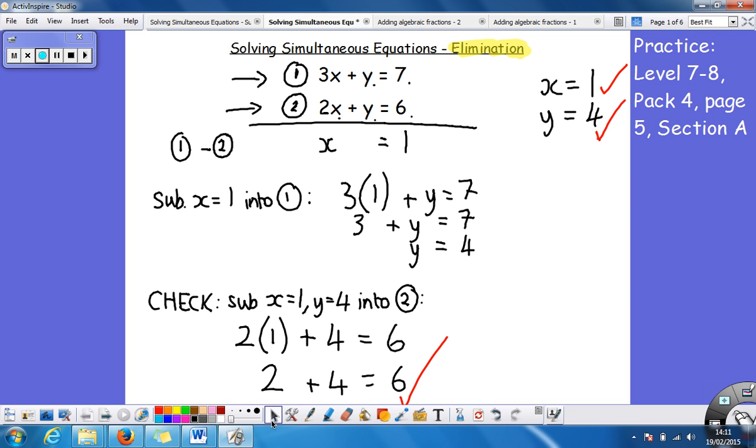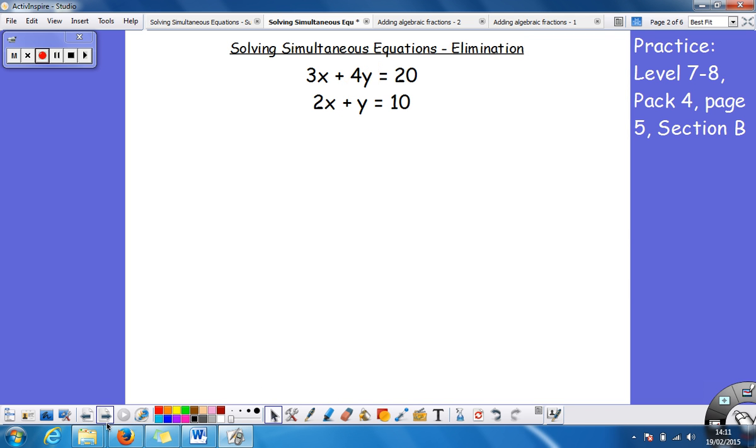Okay, this one was a fairly easy example because we only had one y in each one, so we didn't really have to manipulate very much of our equation at all. If we have a look at this one, it's simultaneous again because I've got x's and y's in both of them, so I've got those variables.